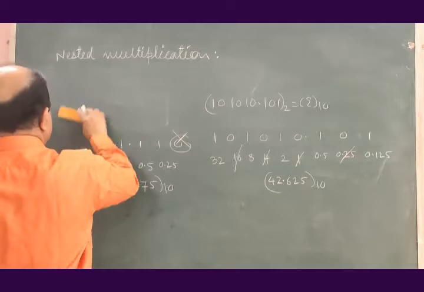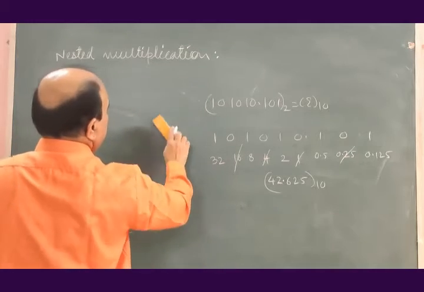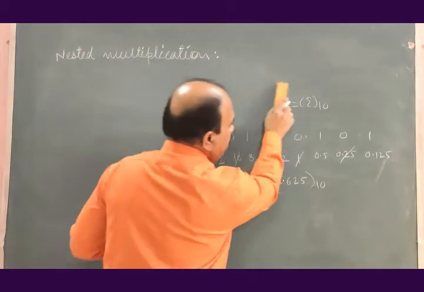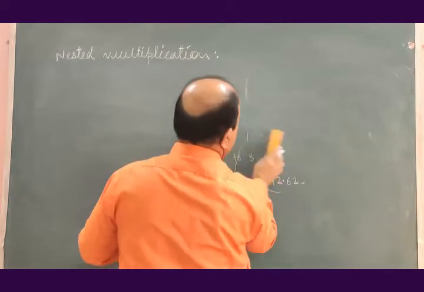So how to use this nested multiplication method for conversion of binary numbers to decimal numbers?